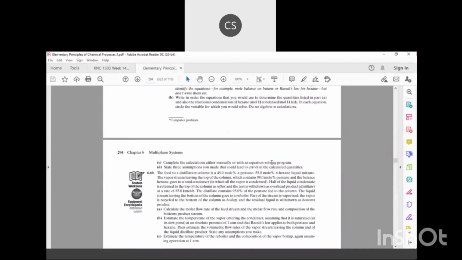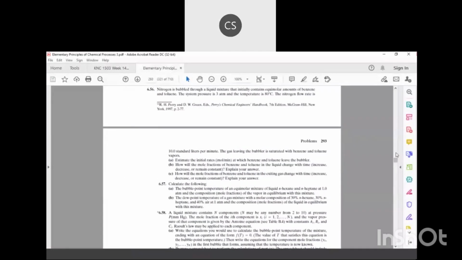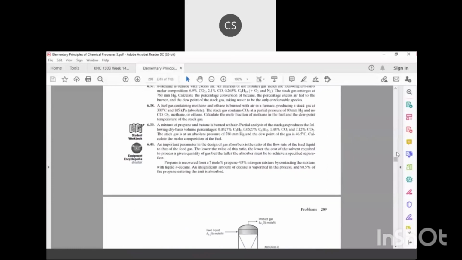I think this book has the formula for the bubble point pressure.